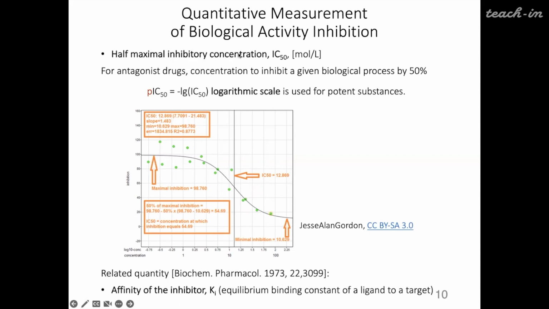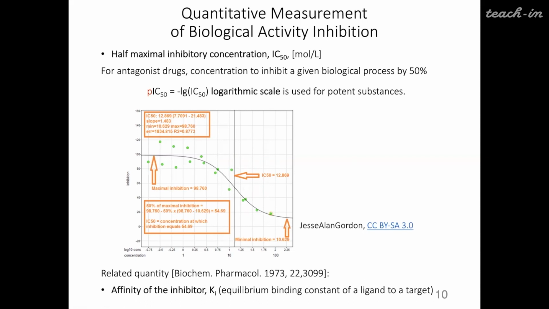So for antagonist drugs, it's the concentration at which the compound blocks the activity by 50%.